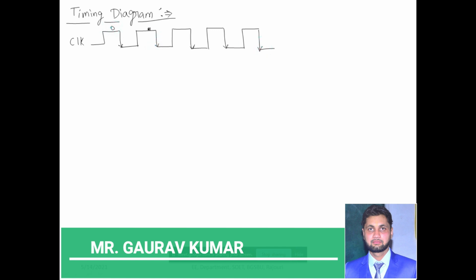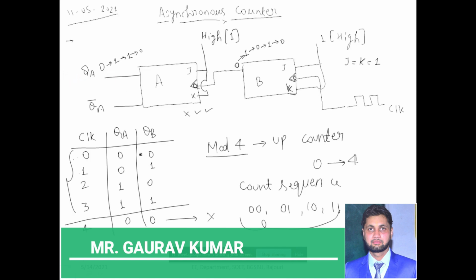So 0 1 2 3, total 4 clock pulses. Now draw the output. Output is QB and QA. First draw QB. QB is actually 0 1 0 1 0 1 0 1.